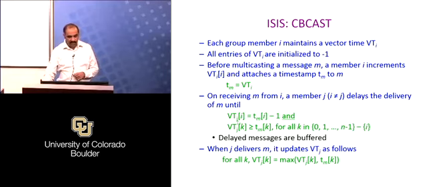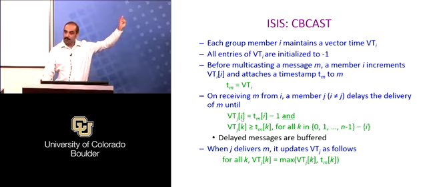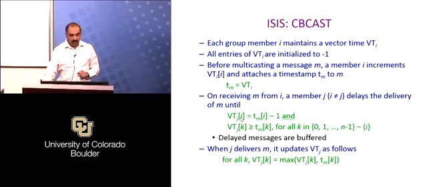The first condition that has to be satisfied is the ith entry. Remember, I is the member that sent the message. The ith entry of my vector, I am the receiver, should be exactly equal to the ith entry in the timestamp minus 1.